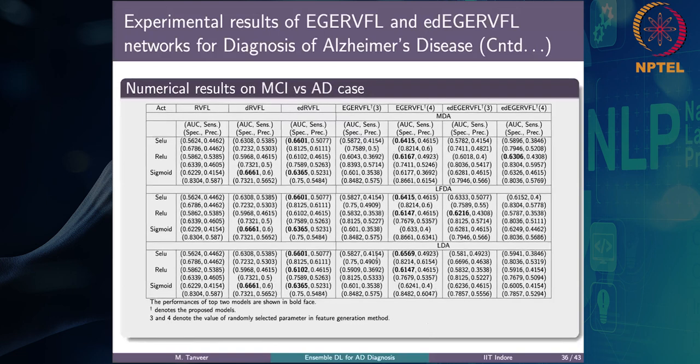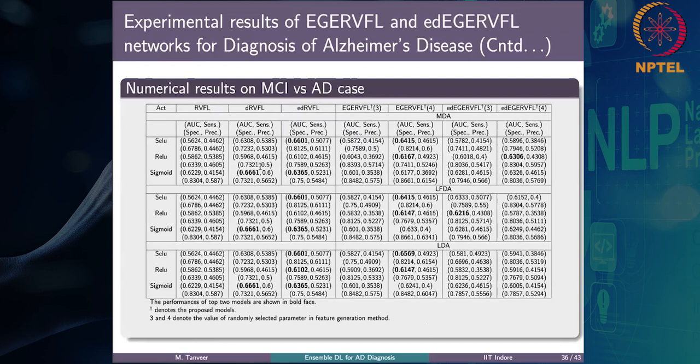And this is the difficult case, the MCI versus AD case. MCI versus AD means MCI, mild cognitive impairment, just before Alzheimer disease. So to classify this data is really very difficult.